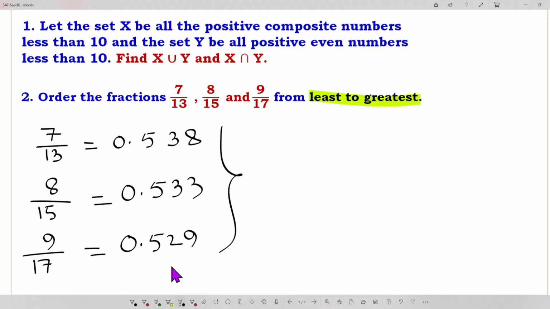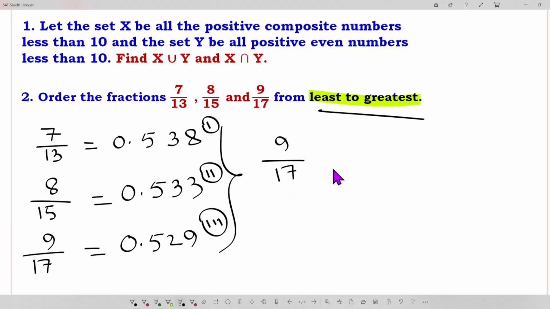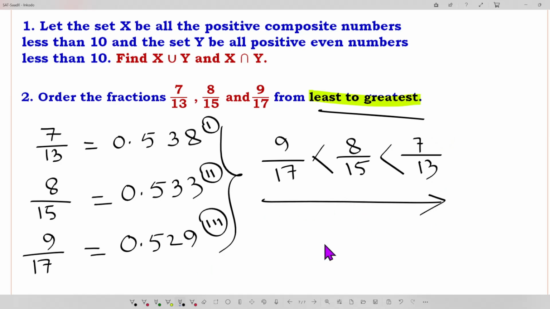So among these numbers, this is the top, this is second, and this is third. So from least to greatest we can write: the least is 9 by 17, which is less than 8 by 15, and this is less than 7 by 13. So this is least to greatest.